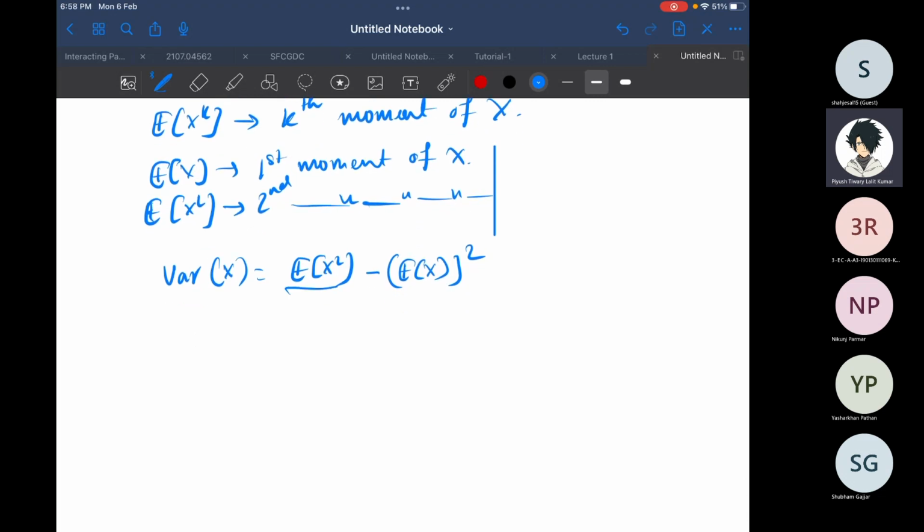So you calculate this thing, you calculate this thing, you get your variance. People also write this as the second moment of x minus the expected value of x whole square. Take this as homework: actually these two things are one and the same. There is no difference between these two things.